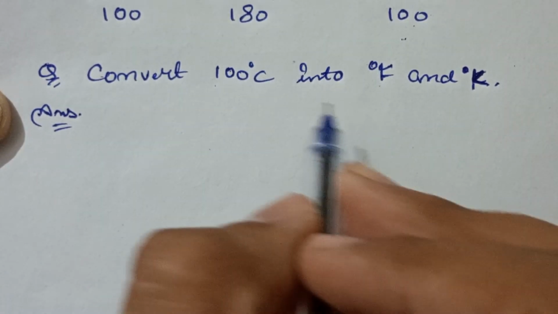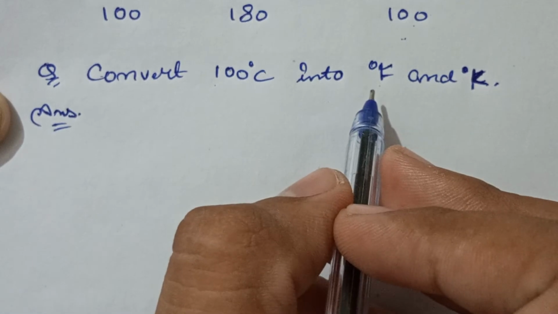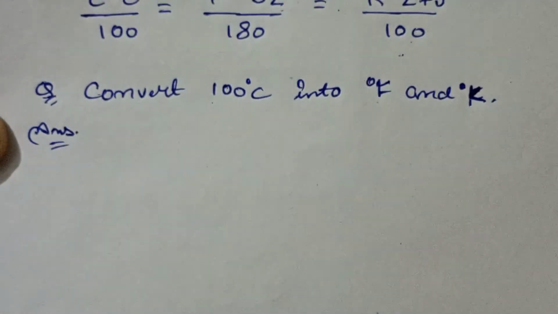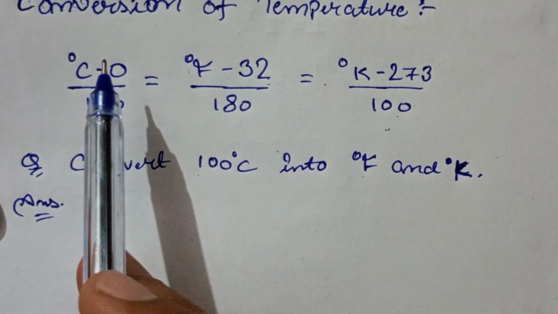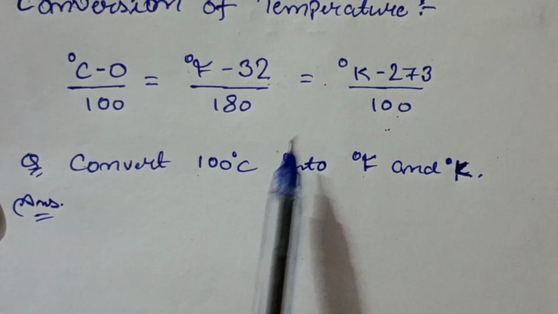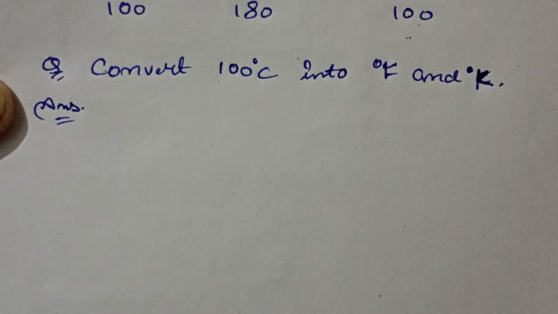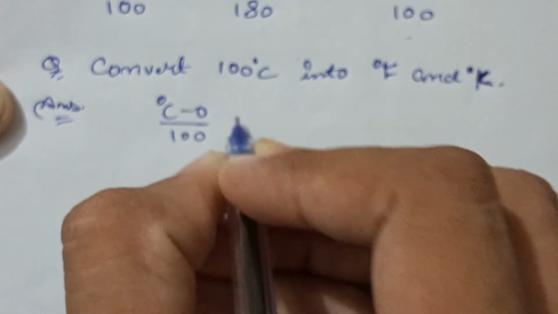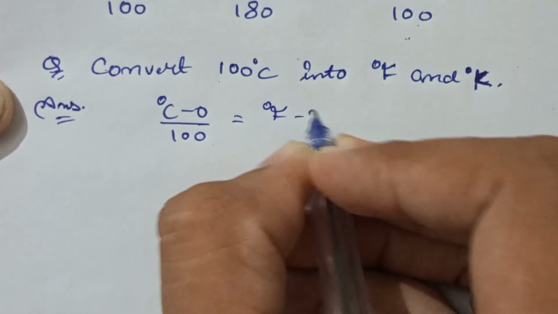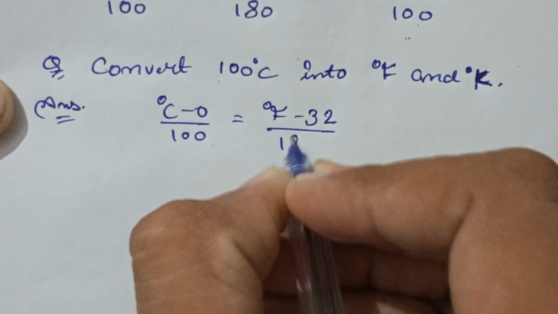To convert degree Celsius into Fahrenheit, we will use these two equations. Degree Celsius minus 0 upon 100 is equal to degree F minus 32 divided by 180.